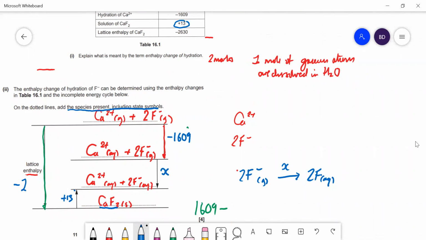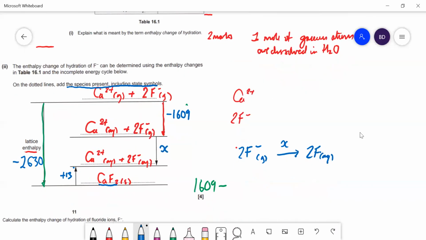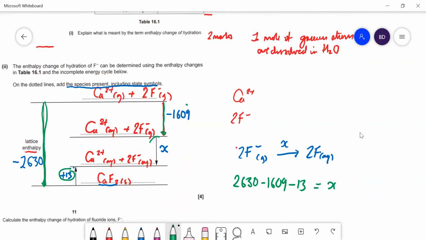So 2630, and then I'm going to minus 1609, and then minus this much here, 13, and that is going to be equal to X, isn't it? Okay, that's why we draw a diagram, so you don't have to worry about the signs.